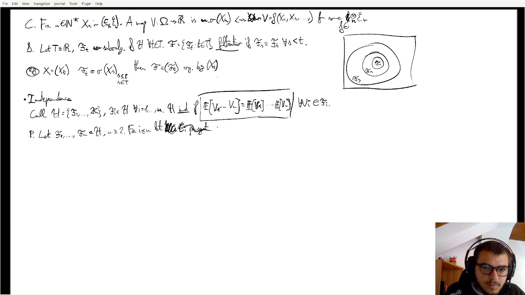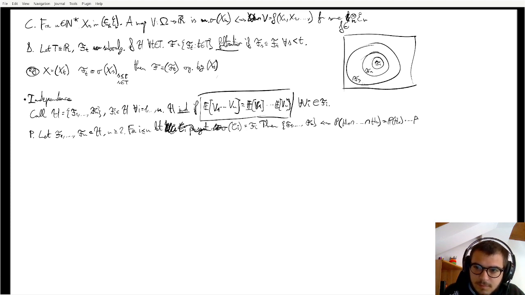Then this collection of sigma algebras is independent if and only if the probability of all events H1 intersected up to Hn factorizes into the product of the probabilities of these events, for any Hi in Fi.